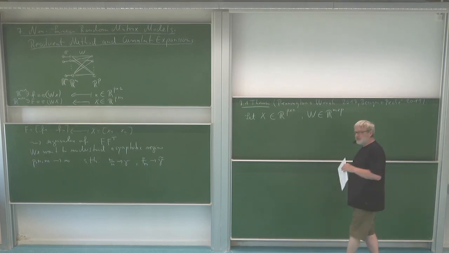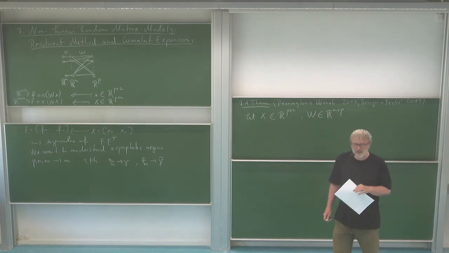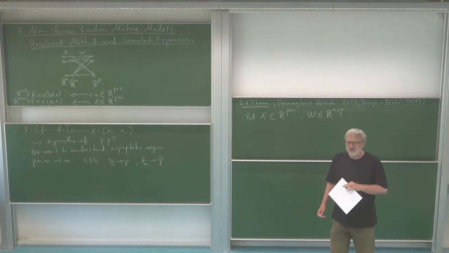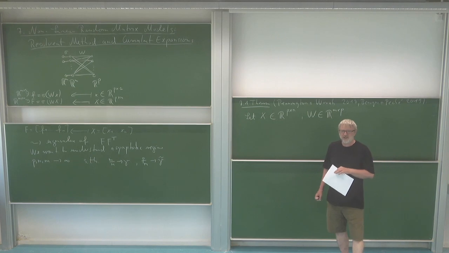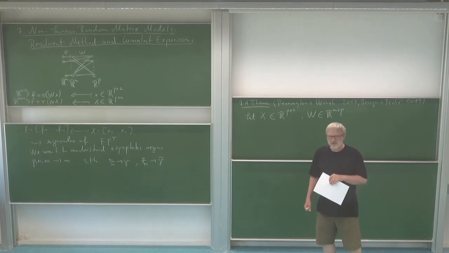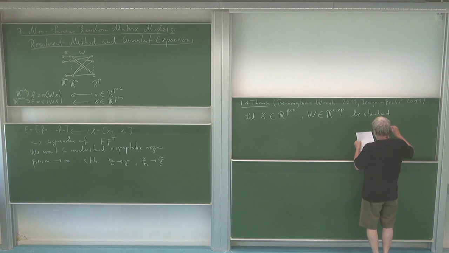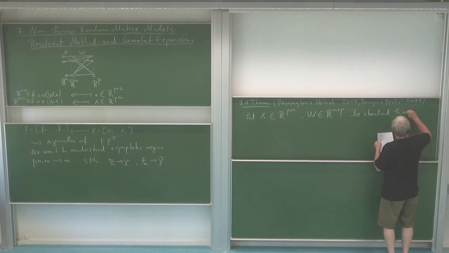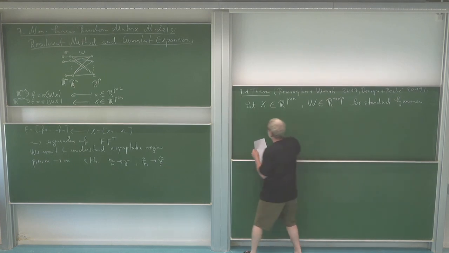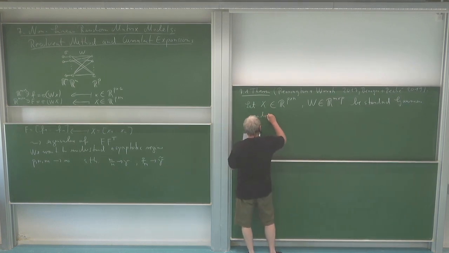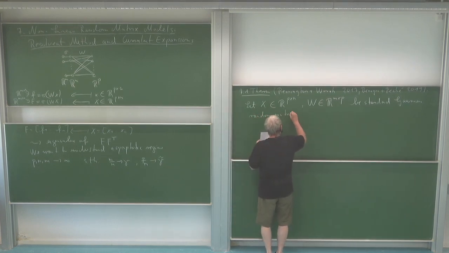And both of them, I assume, should be standard Gaussian matrices. This means all the entries are independent and all of them are Gaussian with mean 0 and variance 1. So both of them should be standard Gaussian random matrices.